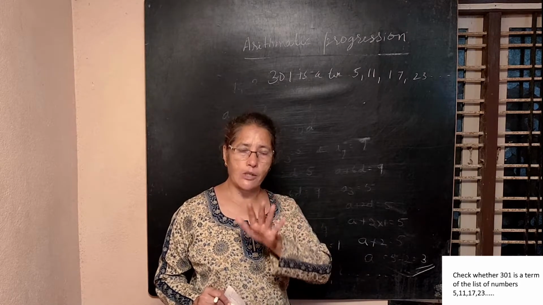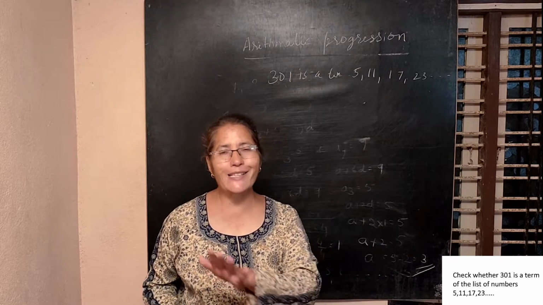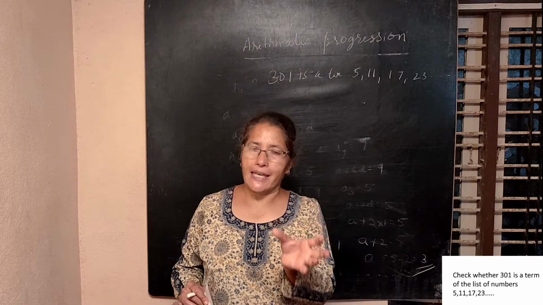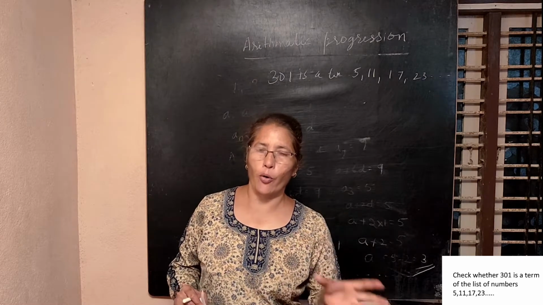Yes, the 10th term is 40. Suppose I get 10.5, then it is not a valid term number. If I get the whole number, then yes, 40 is a term of the AP 4, 8, 12 and so on.